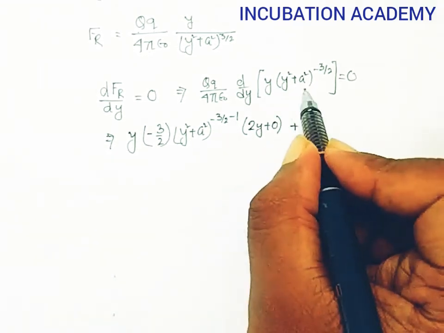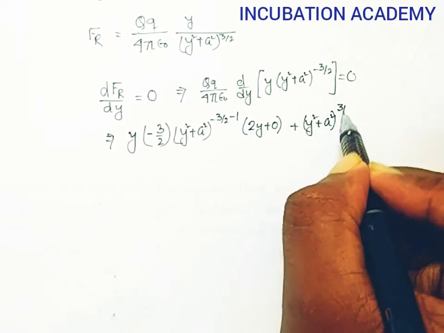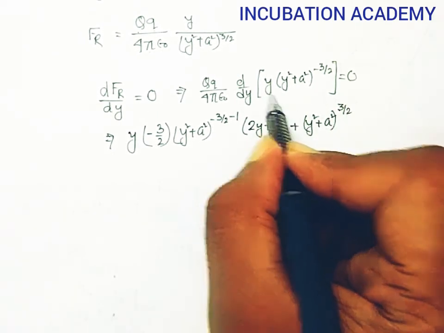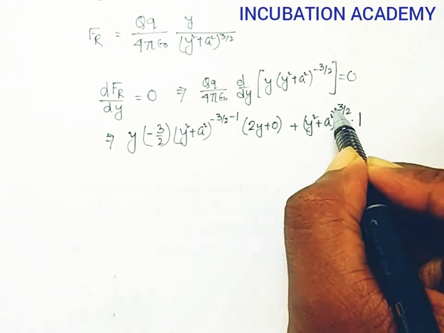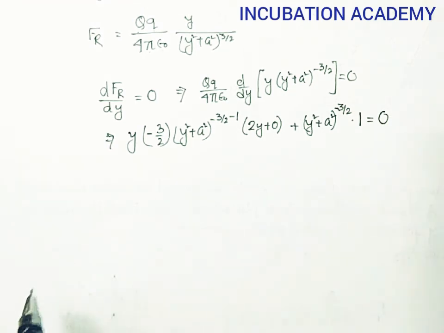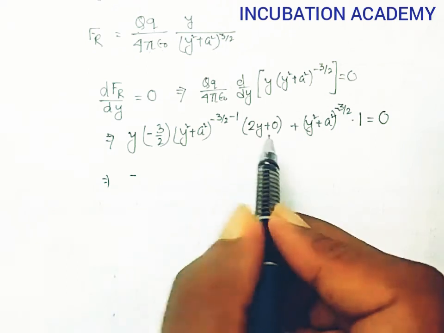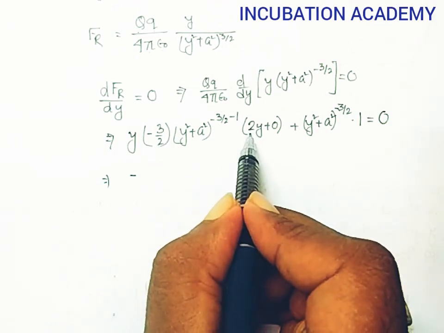Now I consider this thing as a constant: y square plus a square to the power 3 by 2. Differentiation of y will be 1. Equal to 0. So from here, the minus 2 and this 2 cancel out.